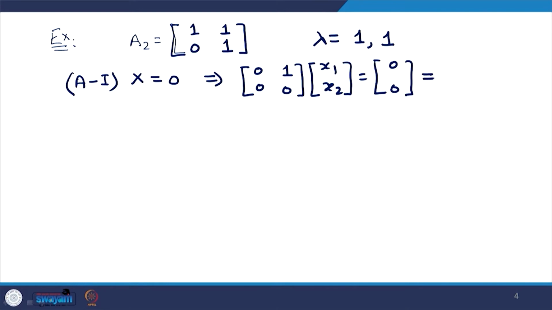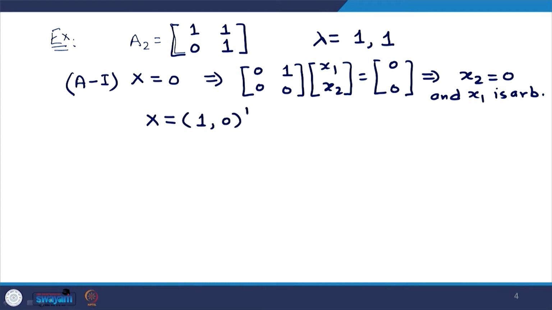So, from here I am getting x2 equals 0 and x1 is arbitrary.